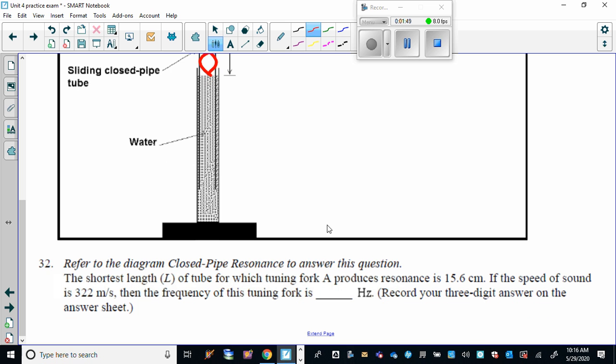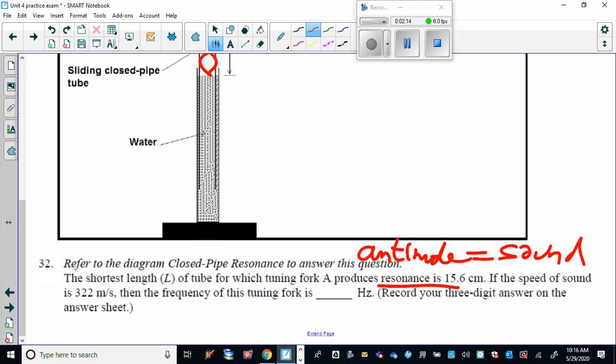So this question says the shortest length of tube for which a tuning fork produces resonance is, so in other words, when it says produces resonance, it means produces an antinode, which equals sound.